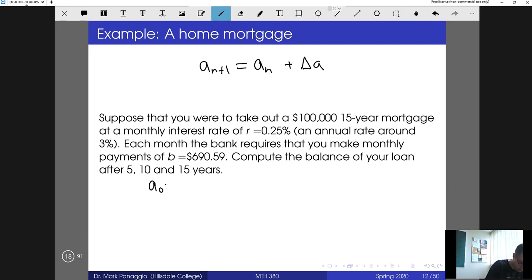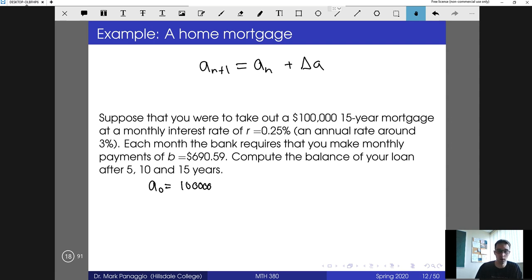So A0 must be 100,000. And we have a monthly interest rate here. So that means that each step should probably represent 1 month. Now, you could also find a way to convert this into a yearly mortgage, but we're going to ignore that for now, and we're going to focus on months.